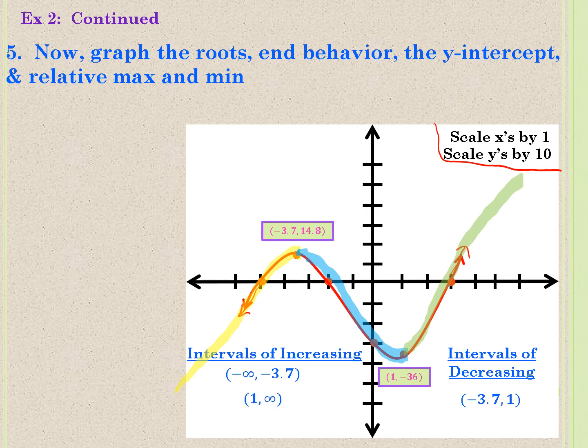So at 1 to infinity, I'm increasing. So negative infinity to negative 3.7, increasing. Negative 3.7 to 1, decreasing. And then 1 to infinity, remember these are x intervals, increasing again.